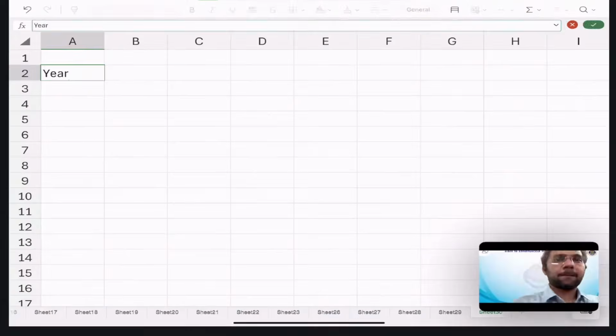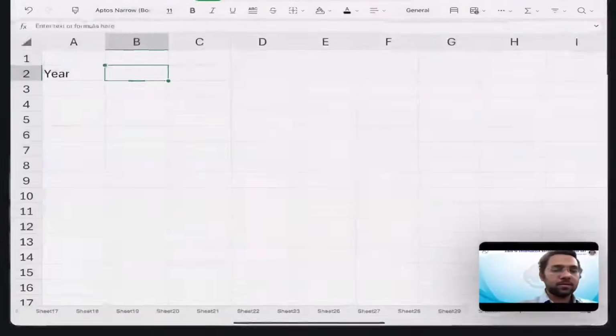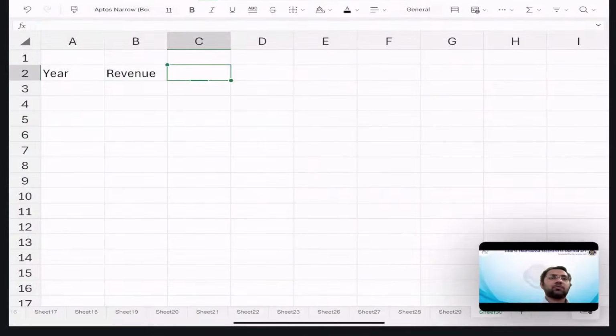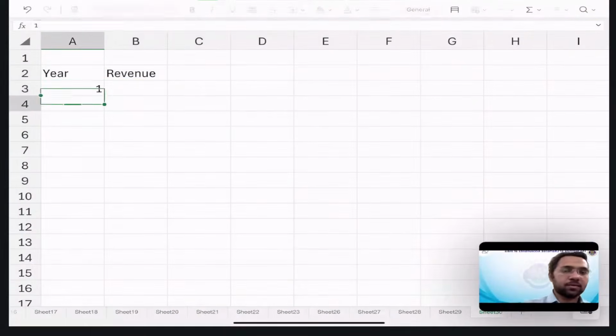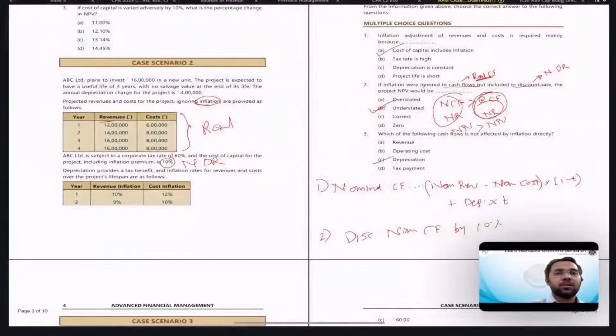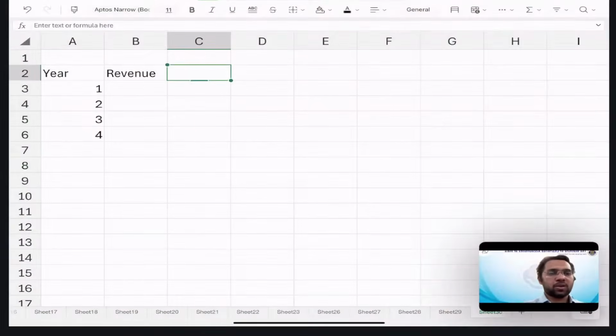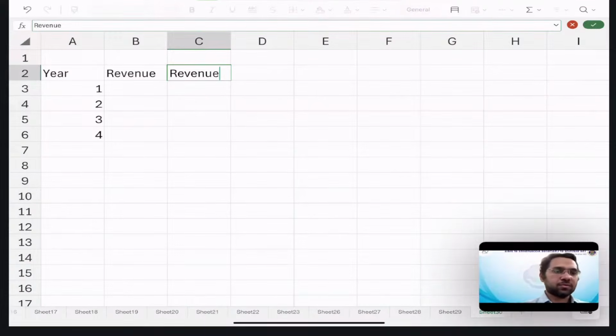The years that we have are year 1, 2, 3, 4, and the revenues that we have. Now, for each of these revenues, we can say revenue into 1 plus inflation.